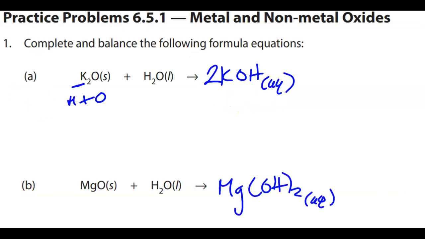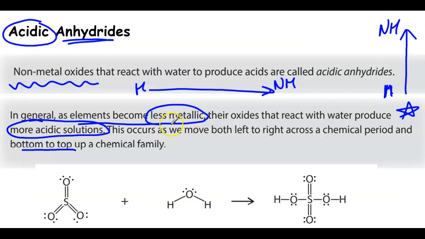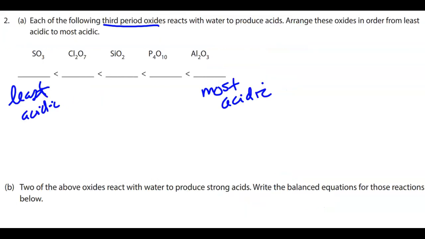Okay, so remember this goes back to this point here. The less metallic their oxide, the more acidic the solution is. So really, this should be the most metallic, and this should be the most non-metallic, right? The further to the right that we go, you should have a higher acidity.